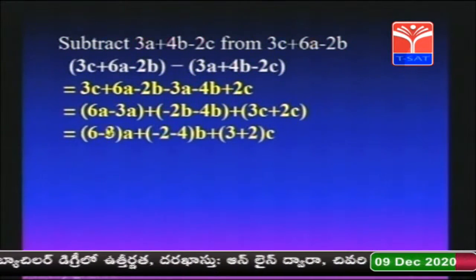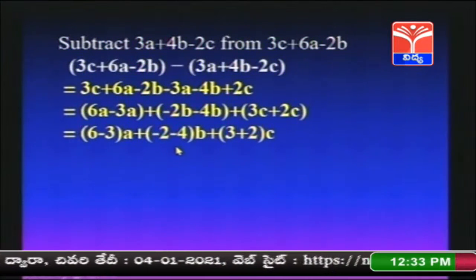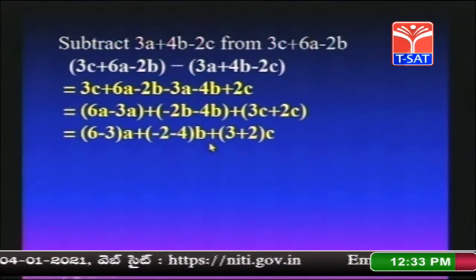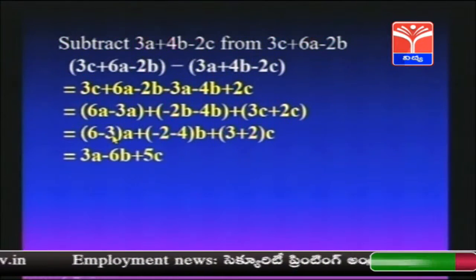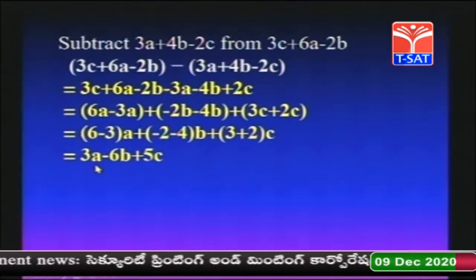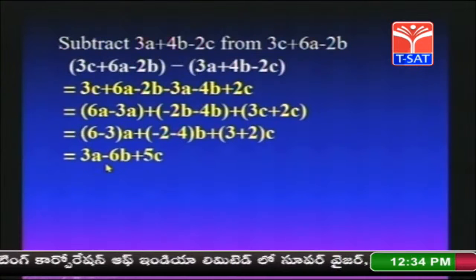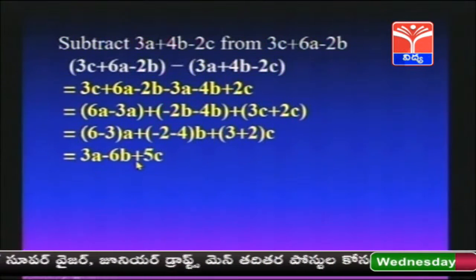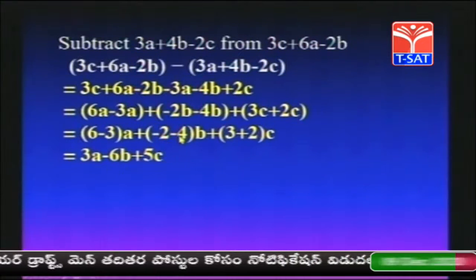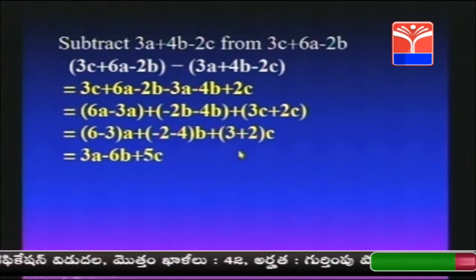So 6 minus 3 times of a, plus minus 2 minus 4 times of b, plus 3 plus 2 times of c. 6 minus 3 is 3, that is 3a, minus 2 minus 4 is minus 6, that is minus 6b, 3 plus 2 is 5, so it is plus 5c. So the final answer is 3a minus 6b plus 5c.